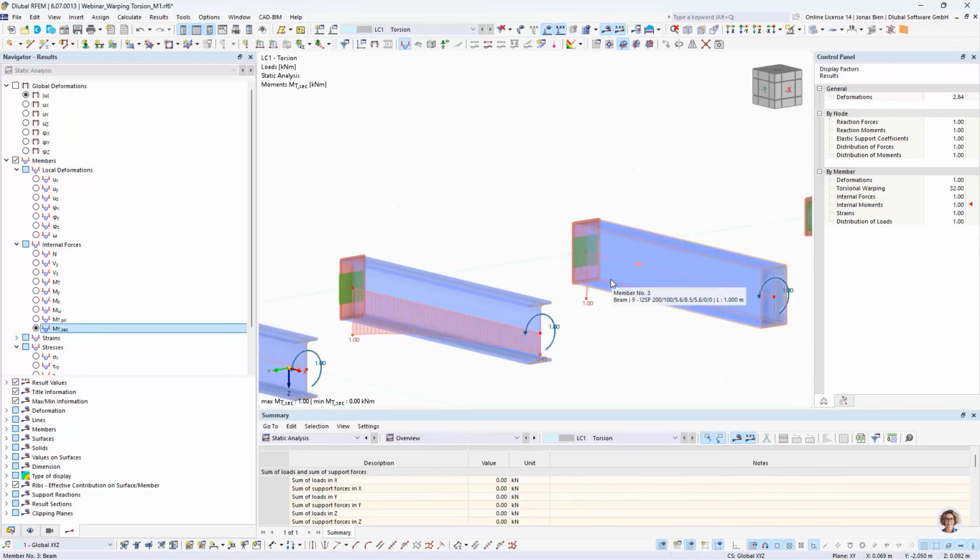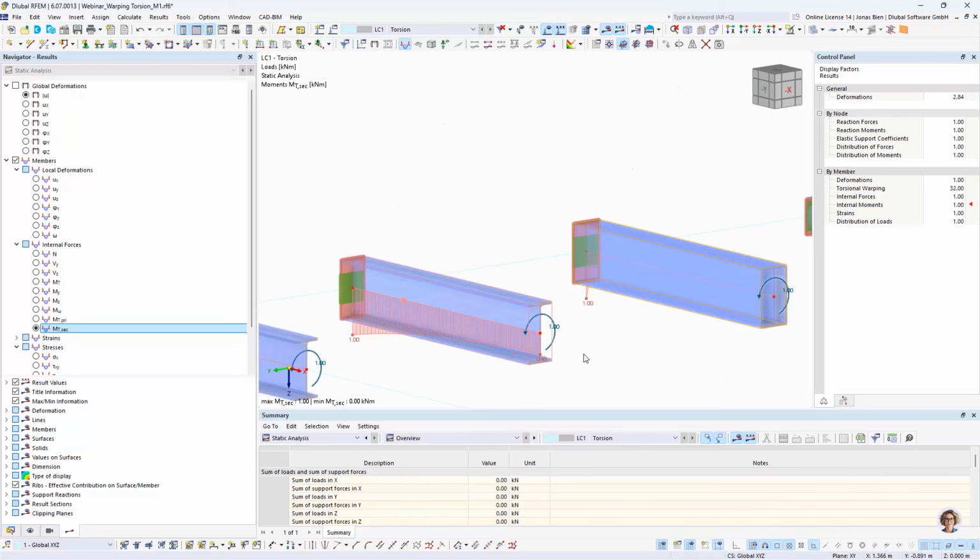We said earlier that sections with minor warping have a very high decay factor, and the secondary torsional moment vanishes very quickly in the vicinity of a warping restraint. And that's what we can see here by comparing the member with an IPE section and with an I section and additional plates, which makes it a minor warping section.